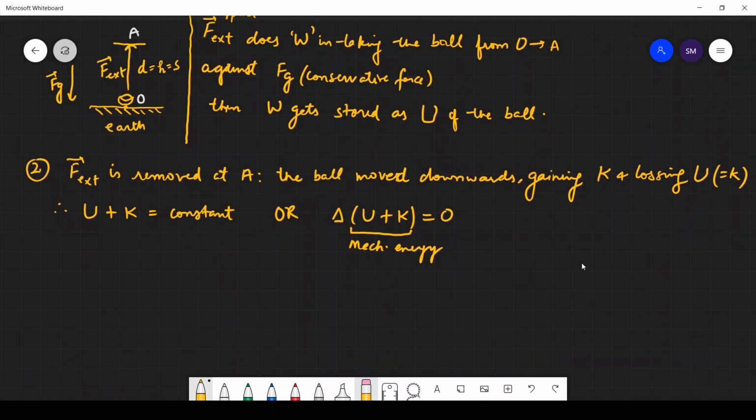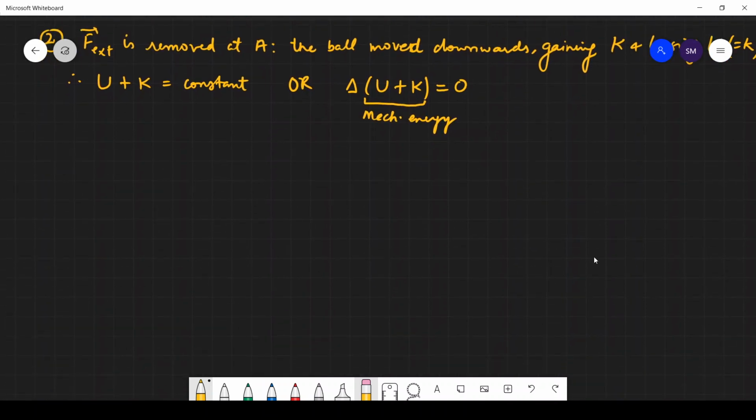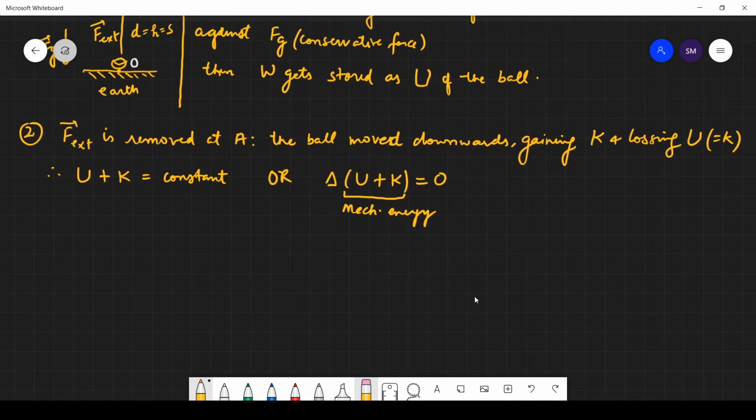Now let us understand this in a little bit more detail. What are the other conditions that you have?